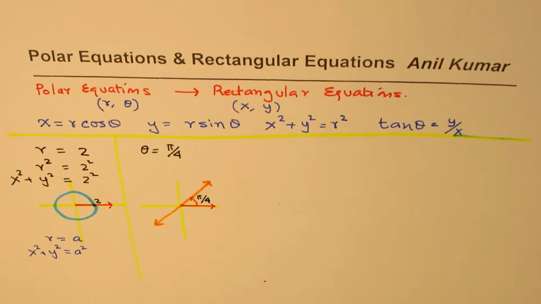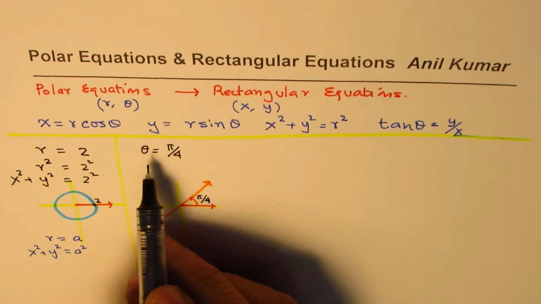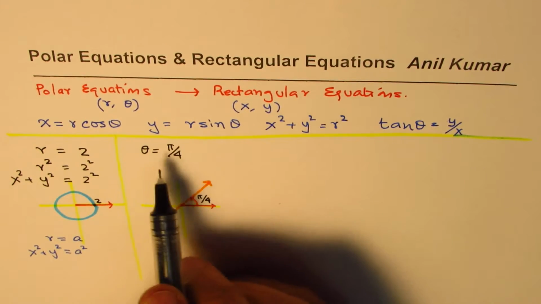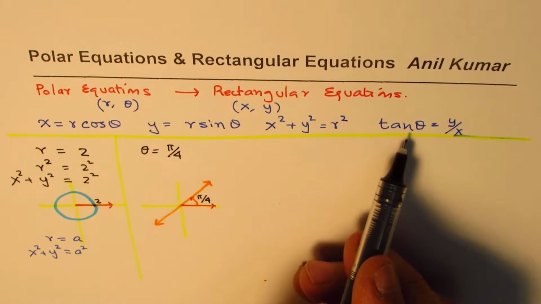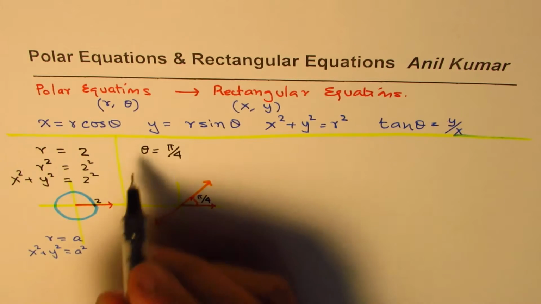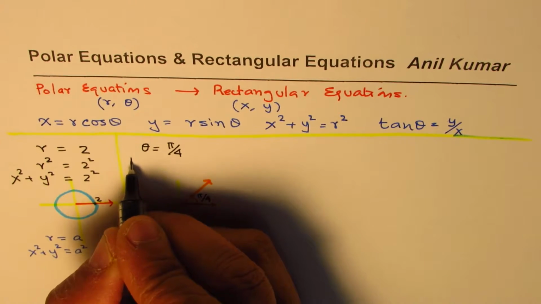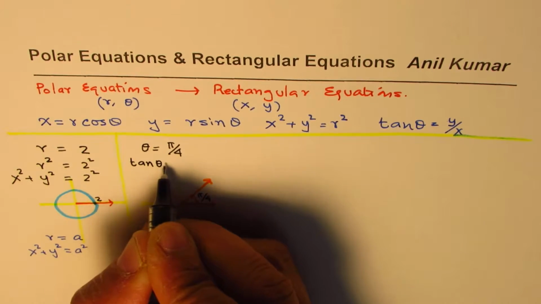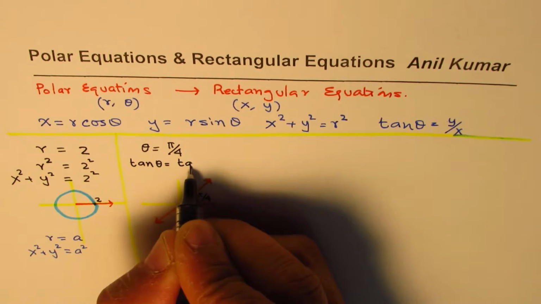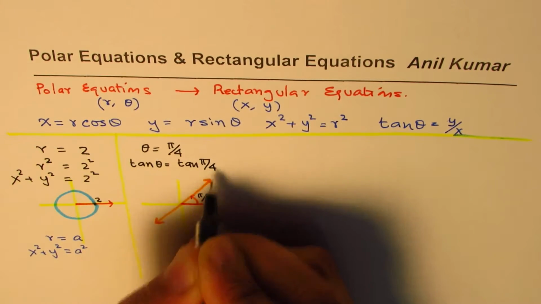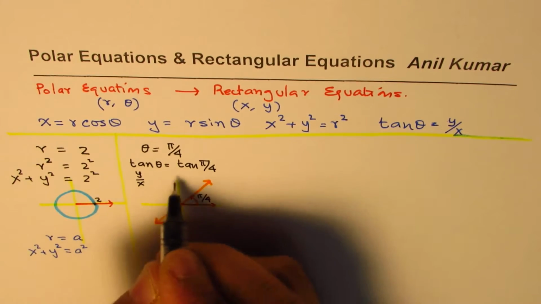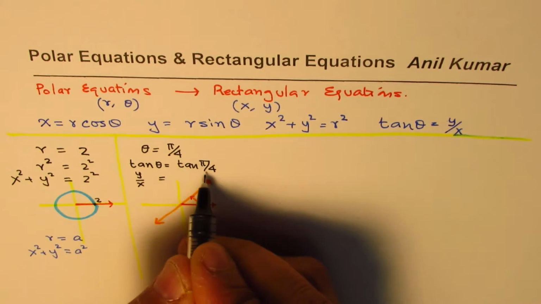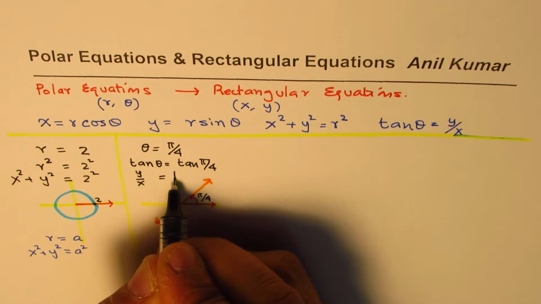Okay. Now, if I have to write it as a Cartesian or rectangular equation, how can I do it? Well, we know tan theta is related to y and x, so we can take tan on both sides. Okay, good. So tan theta equals tan pi by 4, and tan theta is y over x. So I'll write y over x equals the value for pi by 4, and I think it is 1.